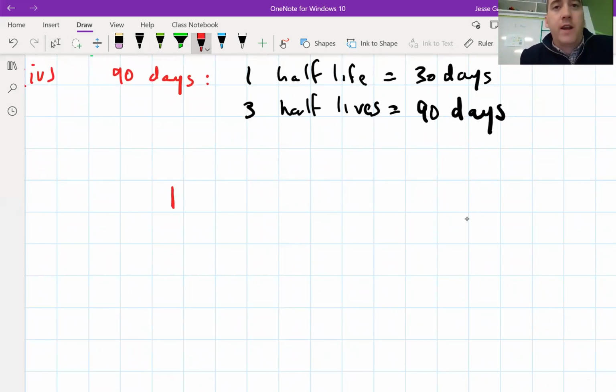You can put any number here, but what we need to do is find out how much is going to be left after 90 days. Okay. So let's say we start with 1 kilogram, assign a mass of 1. And after 1 half-life, what happens to the mass is, well, there will be half the mass left at the end.